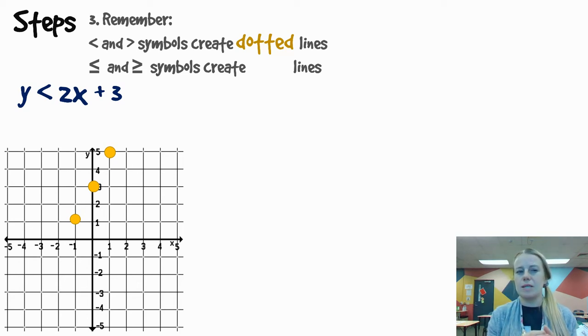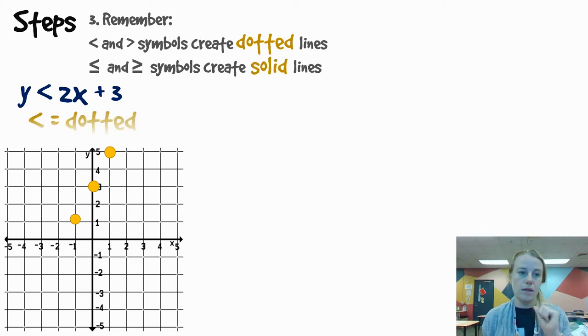This is like when we were talking about open circles before. So our lines are going to be dotted. But if we have the equal sign underneath our inequality sign, then our lines will be solid. That's when you draw a solid straight line. Our example here has just a less than, so that's going to be a dotted line. So draw your line here, dotted.